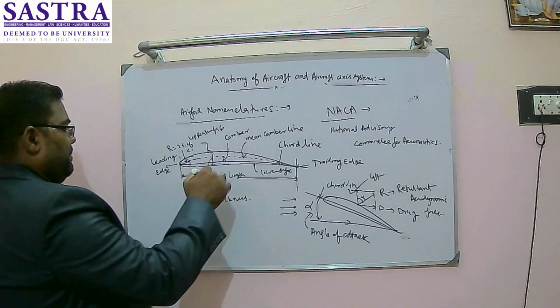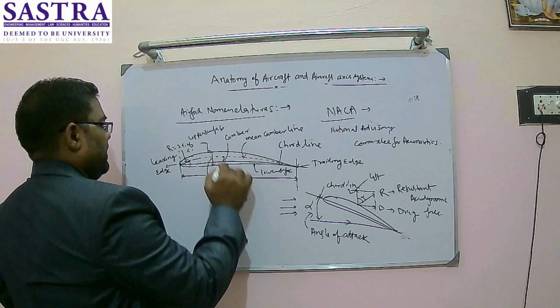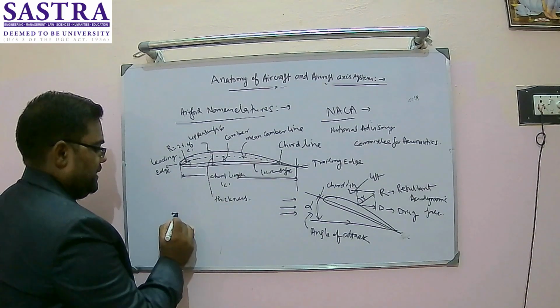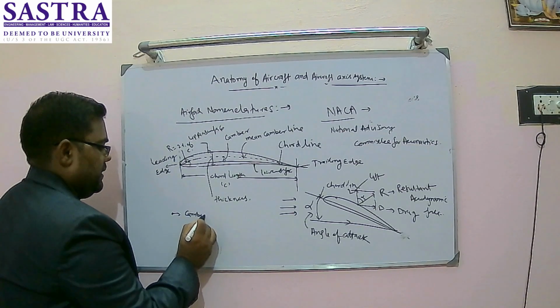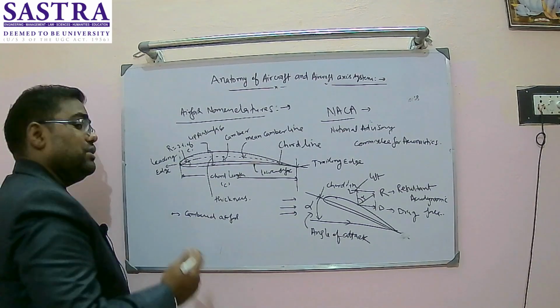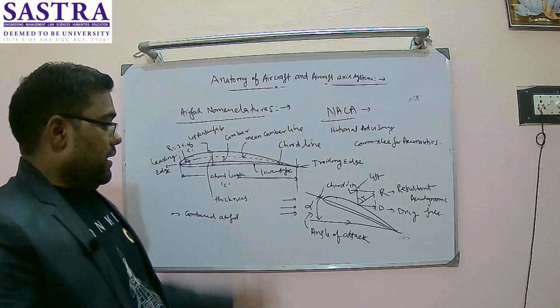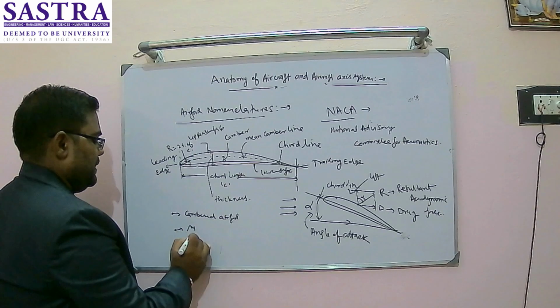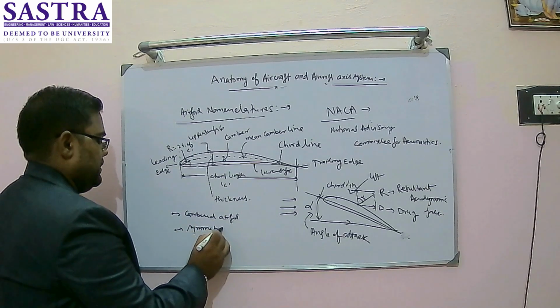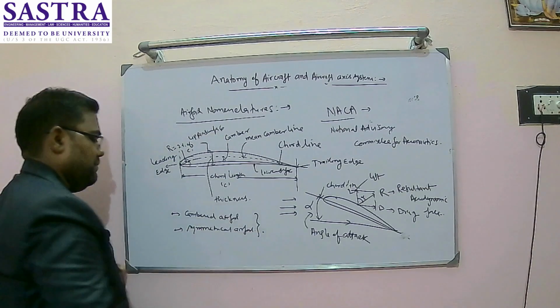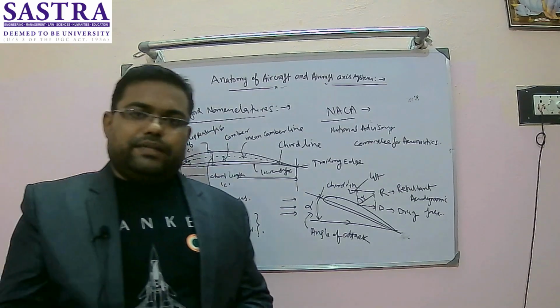Based on this camber, if there is a difference between the mean camber line and chord line, such an airfoil is known as a cambered airfoil, and some books say unsymmetrical airfoil. But if both the lines are coinciding, those are known as symmetrical airfoils. These are the two categories of airfoil: cambered airfoil and symmetrical airfoil.